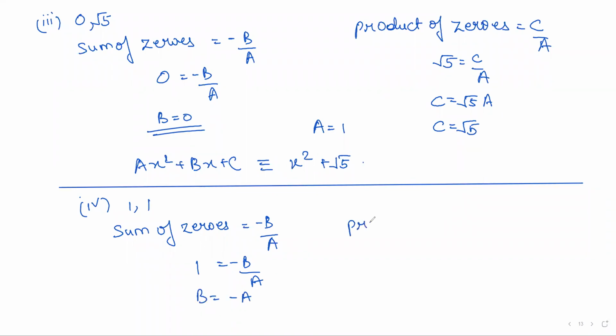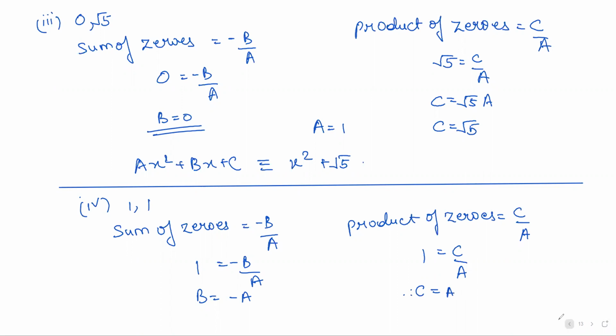And product of zeros is equals to c upon a. 1 is equals to c upon a. Therefore, c is also equals to a.